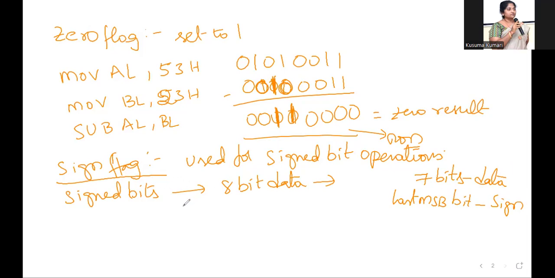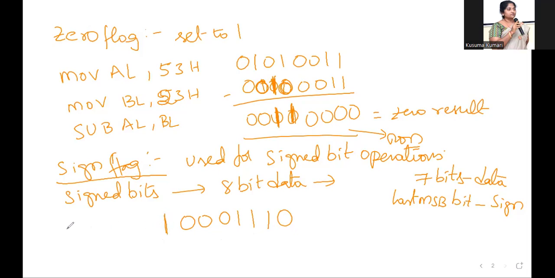For example, I am writing one signed number, 1 0 0 0 1 1 1 0. This is one 8-bit number.